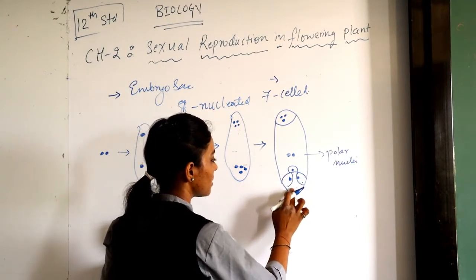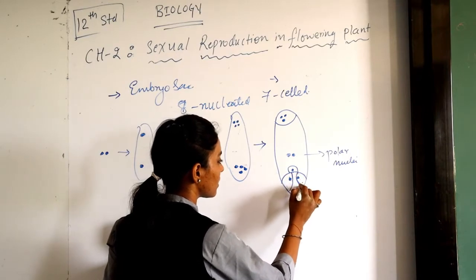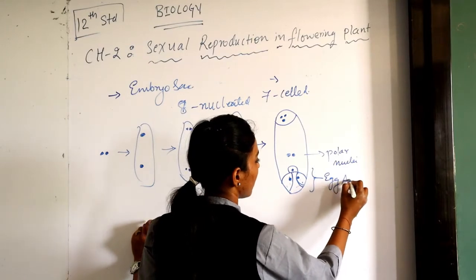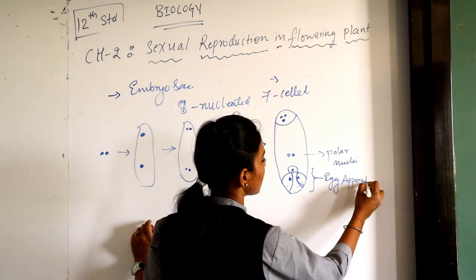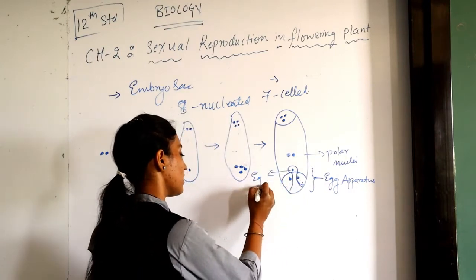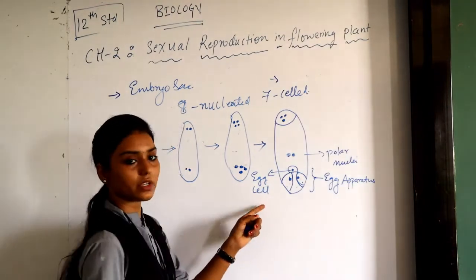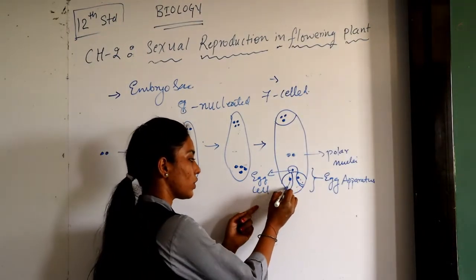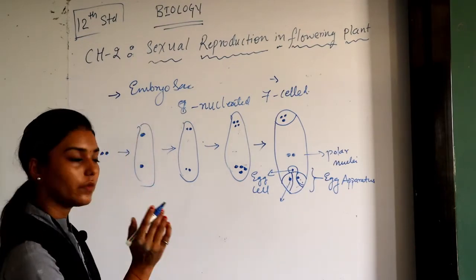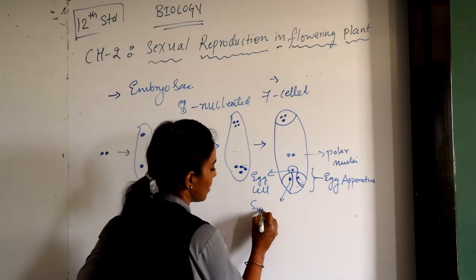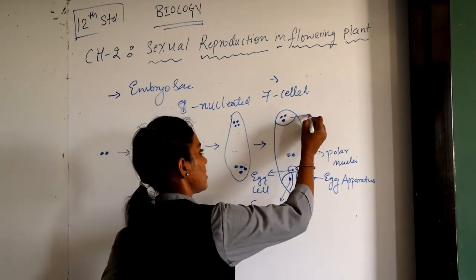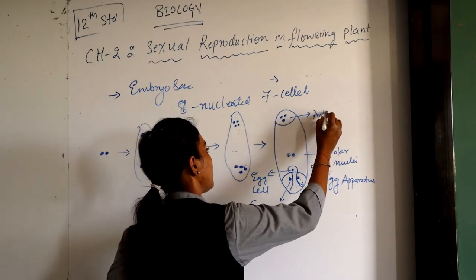These are called the egg apparatus, which consists of 2 things: this is the egg cell, you can see over here the egg cell, and these 2 dotted structures which are covered with the cell wall, or you can say the covering, are called synergid cells, whereas these are called antipodal.